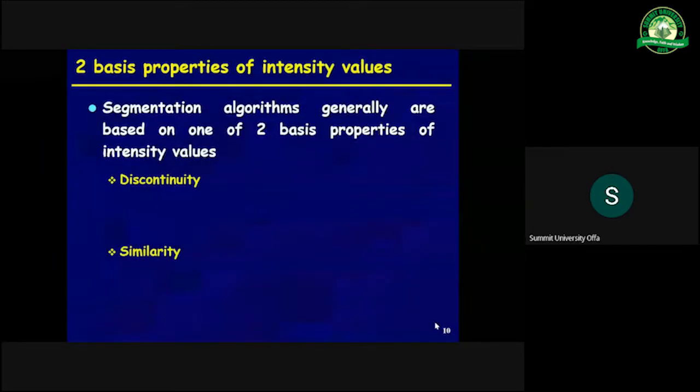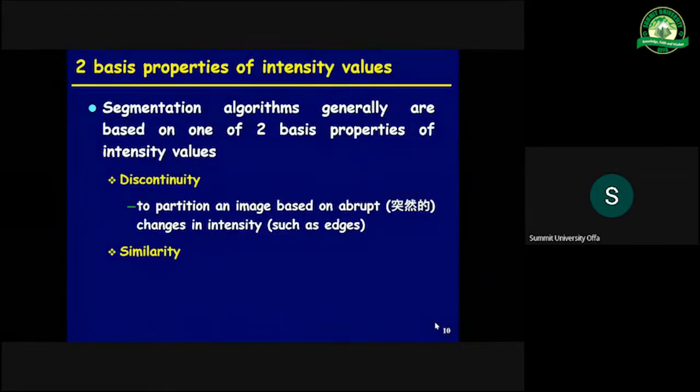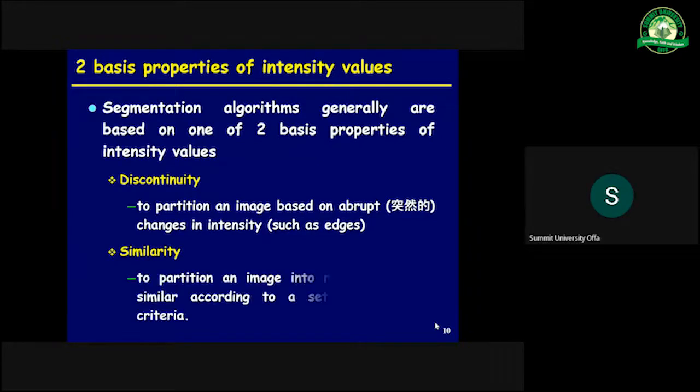That is, when you have what is called discontinuity. Discontinuity means a sharp increase or sharp decrease, or a sudden change in the intensity value. That's why we say abrupt changes in the intensity value, and then similarity. That is, you have in that image regions that are similar in nature.